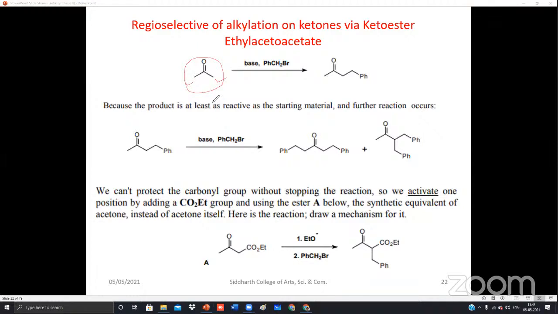Now when the base is treated with this, the base can abstract the proton from here and the base can abstract the proton from here. So if I do the alkylation, this nucleophile attacks this halide and you will have addition. But there is no guarantee that the alkyl group will be added across one position only. There may be the possibility of the addition of this alkyl group to this side.